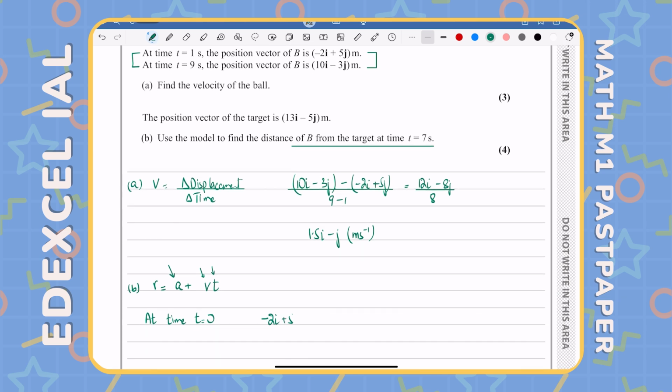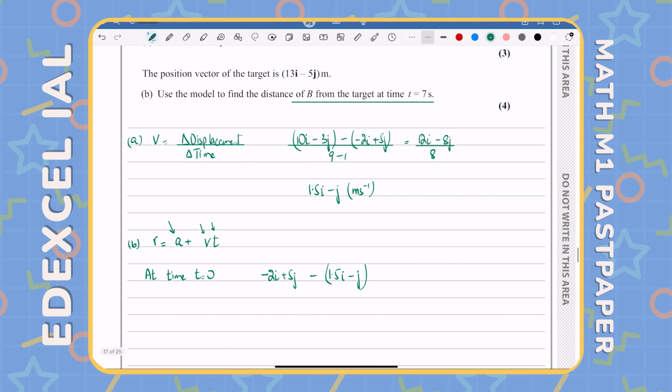Minus 2i plus 5j. From this, I will subtract exactly how much it has moved in 1 second. So minus 2 minus 1.5 is minus 3.5i. 5 minus minus 1 is plus 6j. So this is where the ball is at the starting point.